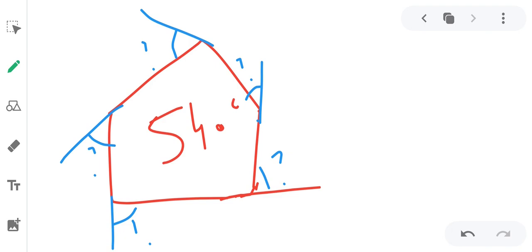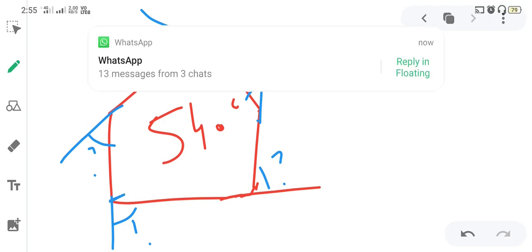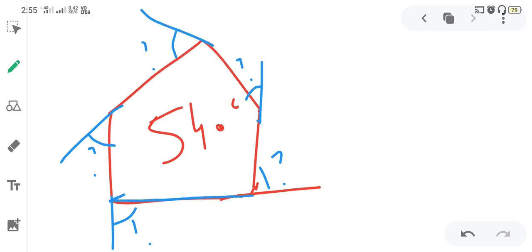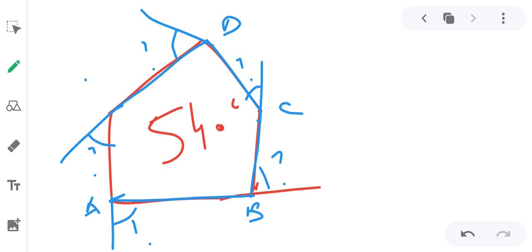See, for example, if you start here, then you have to move in this direction to reach this vertex. For example, this is vertex A, this is vertex B. Then from vertex B you have to move in this direction to reach vertex C, then vertex D, then vertex E, then finally you reach the same position where you started.